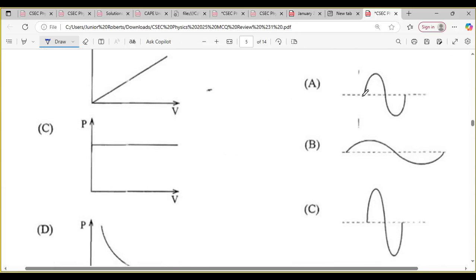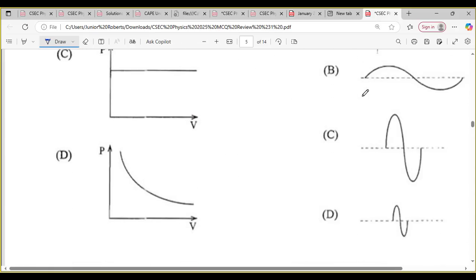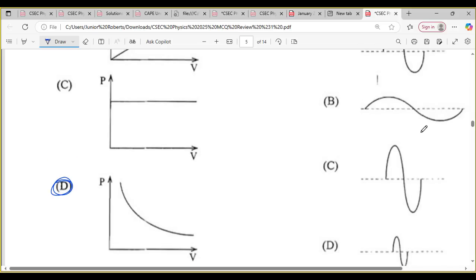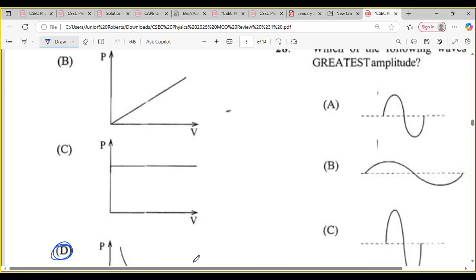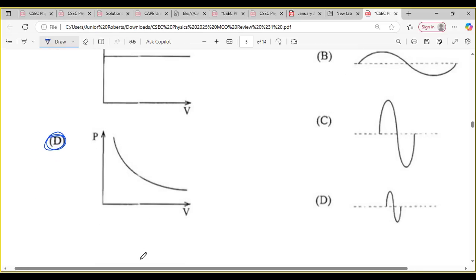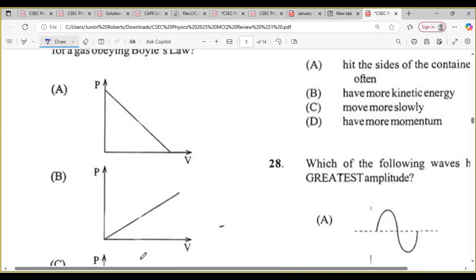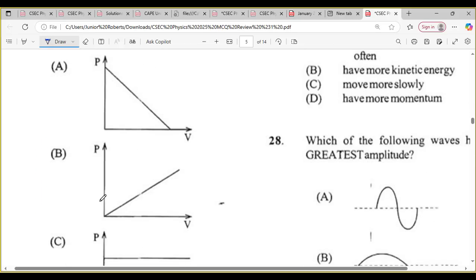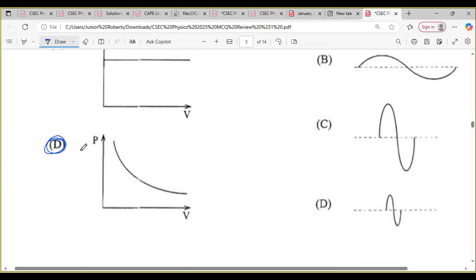So we're going to look for the graph which shows inverse proportionality, which is D. Since we plot pressure against volume, the answer would be D. Now, sometimes they might show pressure plotted against the inverse of volume. If that is the case, then B would be valid. But in this case, since we're plotting just pressure against volume, the correct answer has to be D.